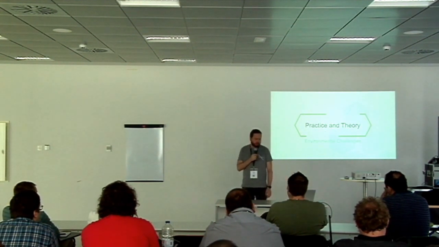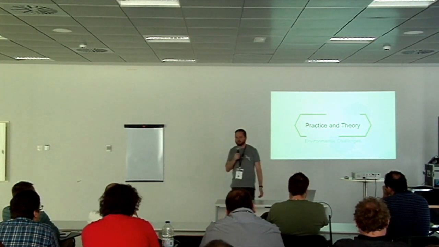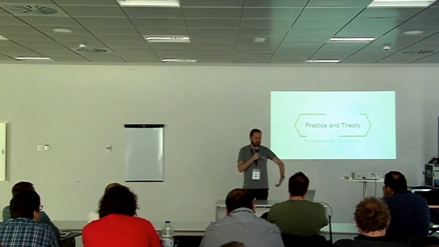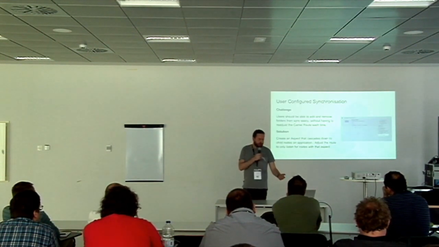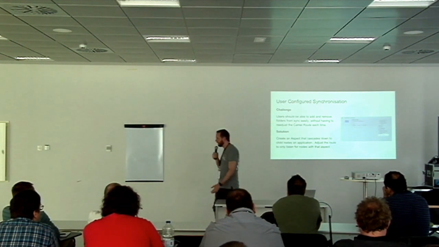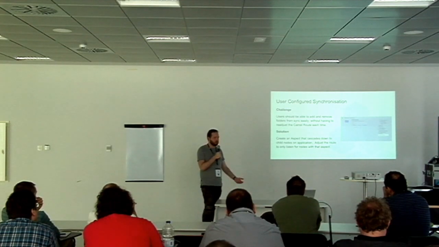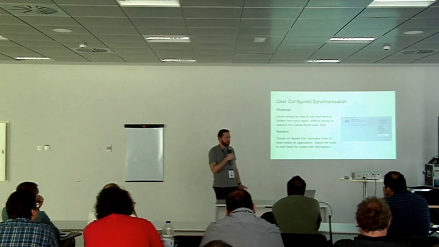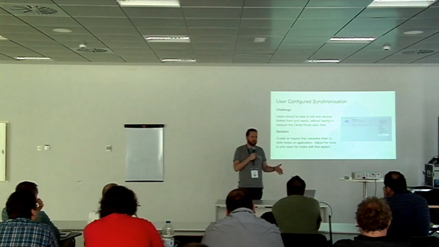So that's all great in theory. What sort of challenges did we run into when we were actually going through this process? First, users want to be able to change and configure their own synchronization. So we created an extra module which allowed them to change or adjust the nodes that were in sync from the Share front end.